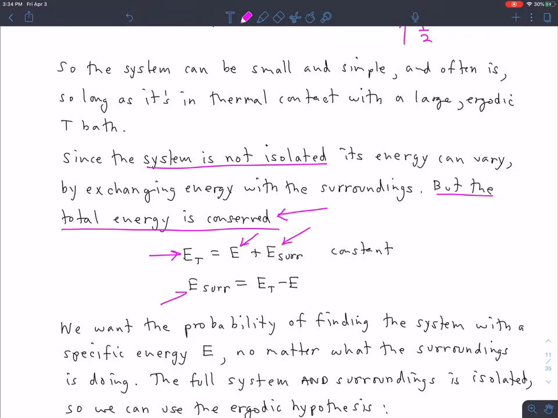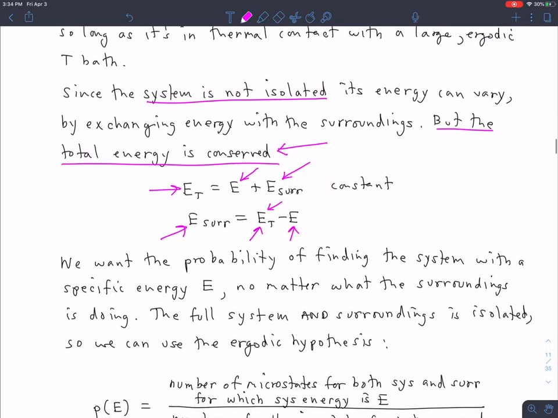And that means it will be useful to write the surroundings energy as the total energy minus the system energy. In other words, because the total energy doesn't change, when we're changing the system energy, we're also changing the surroundings energy, and that has big implications, as we'll see, because it affects the number of microstates available to the surroundings. We'll see how that works out.